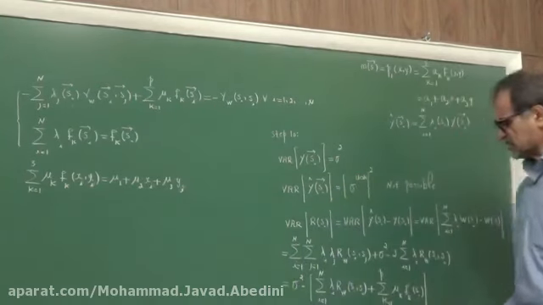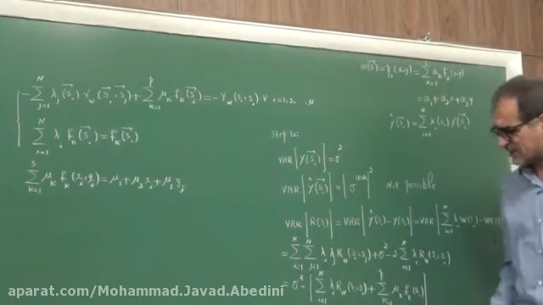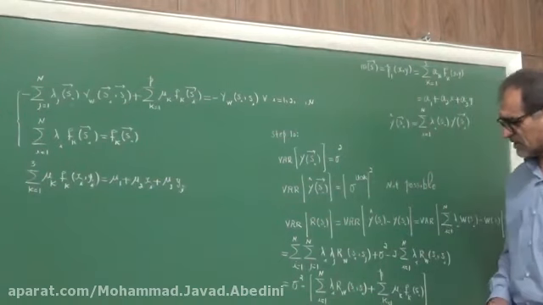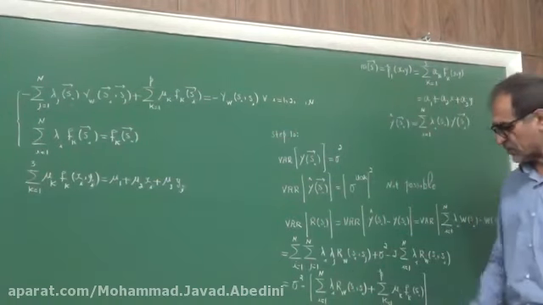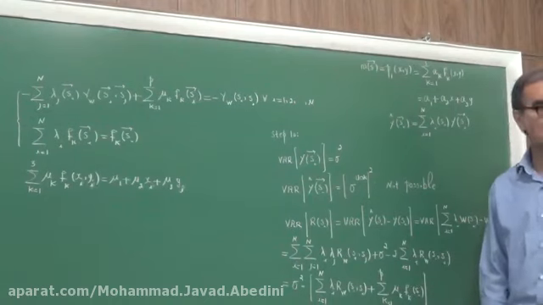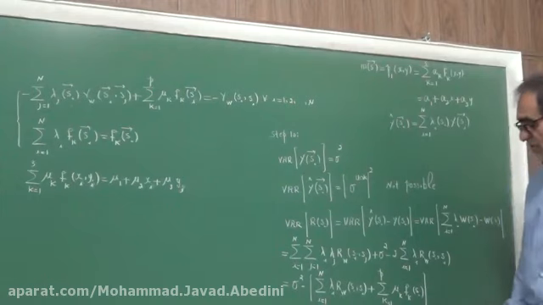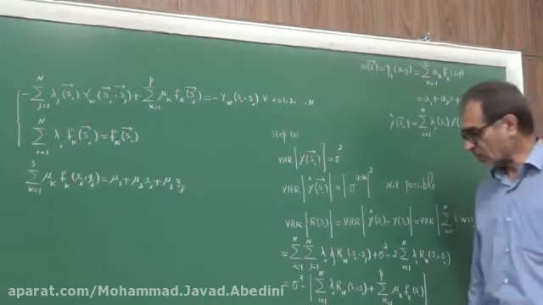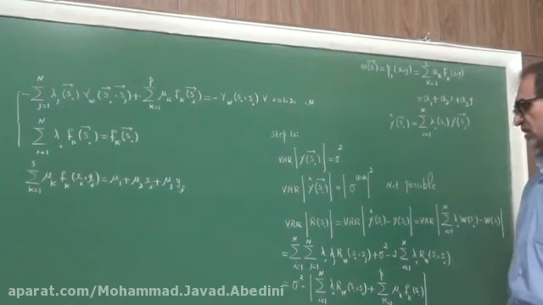You can check to see if you could get the ordinary Kriging variance of residual if you put p equal to 1. If you put p equal to 1, you should get the ordinary Kriging variance of residual.